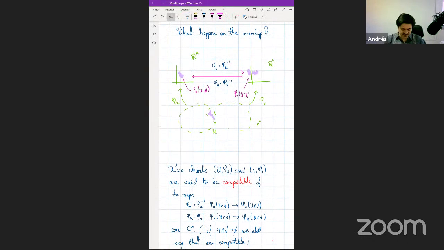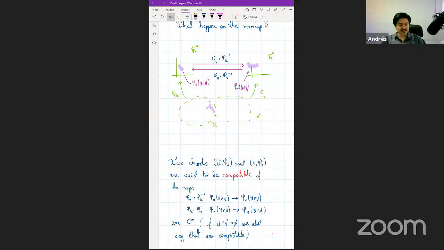So I have two charts, U and V, on X, and I'm going to say that they are compatible if this function and this function are C infinity functions or smooth functions. If U and V don't overlap, I will assume also that they are compatible. U and V are compatible if they don't intersect, and if they intersect, these two functions must be C infinity.